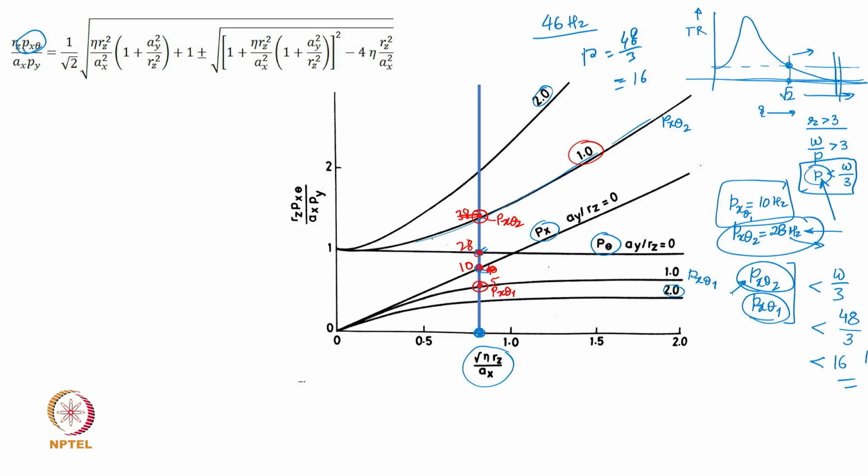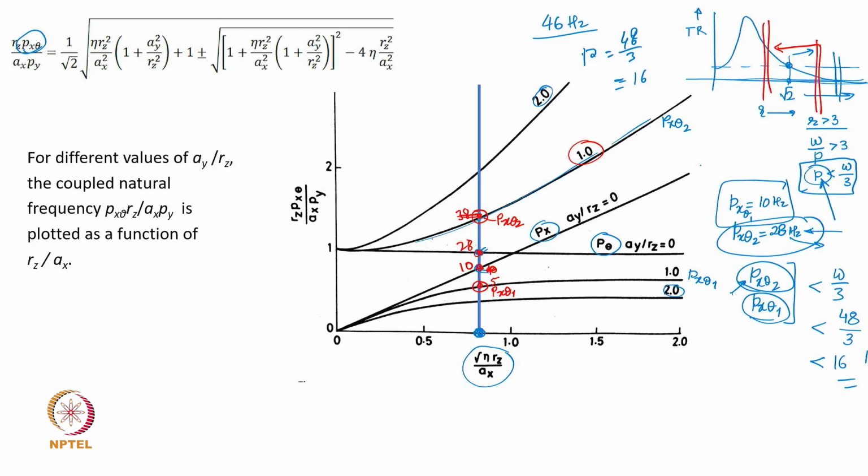So the moment you have a coupling, the larger of the two coupled natural frequencies is going to be problematic from the transmissibility viewpoint, because instead of you being here, you could be working here. That's the problem for you.